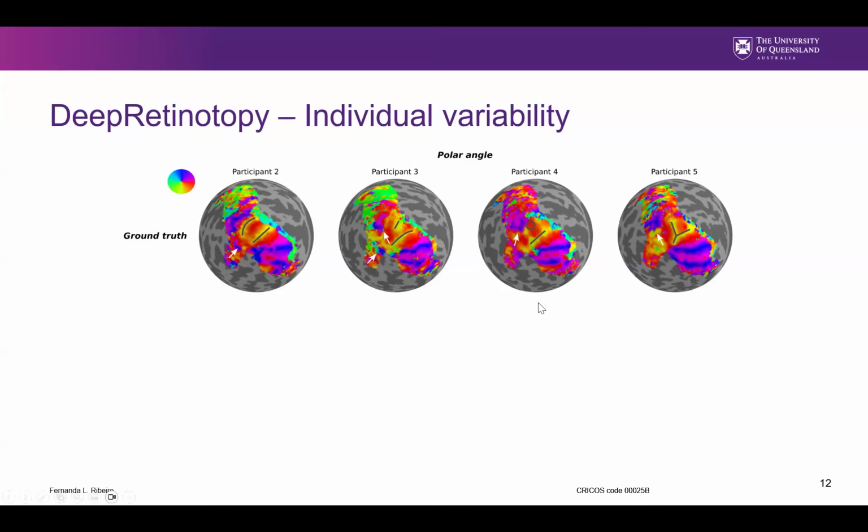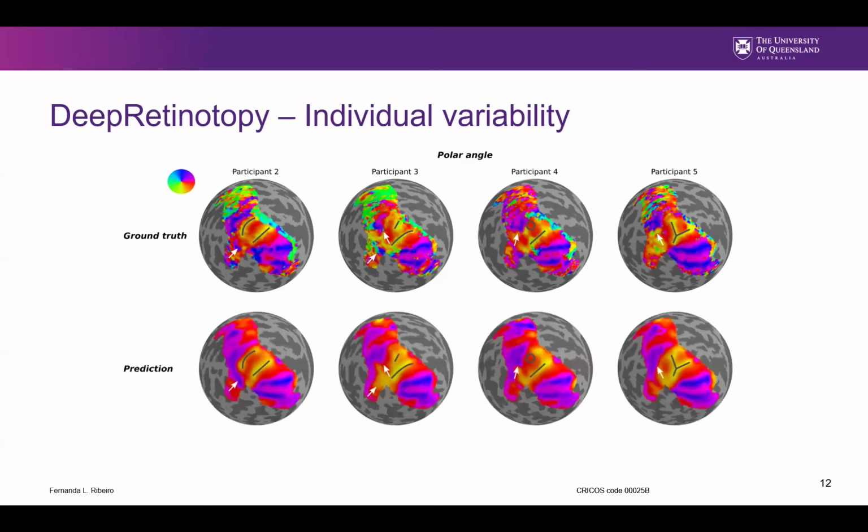But we also notice that, for example, participant 2, 3, and 4 show this discontinuous representation of the lower vertical meridian, and that those yellow bands would represent the border of dorsal V3 with higher order visual areas. So, you know, a lot of variability here. And the cool stuff is that DeepRetinotopy can predict that. So our model was able to predict these discontinuities for participant 2, 3, and 4, and this Y-shaped representation as well. So pretty cool.